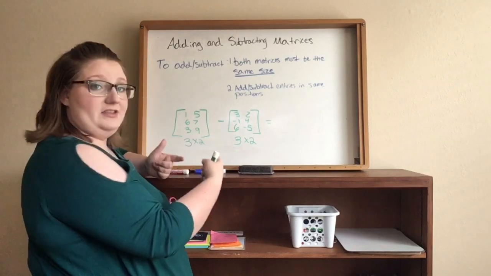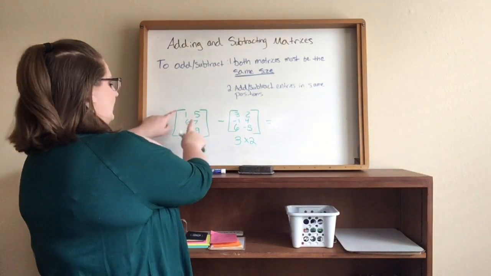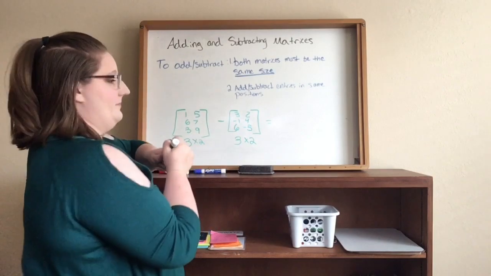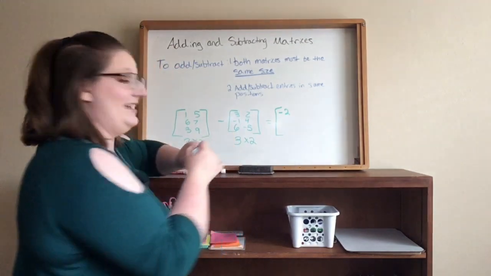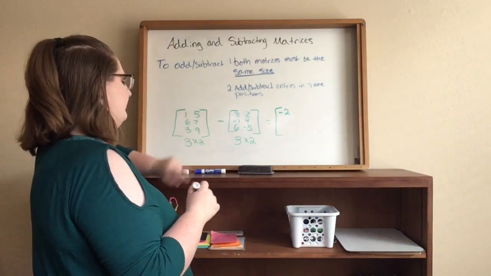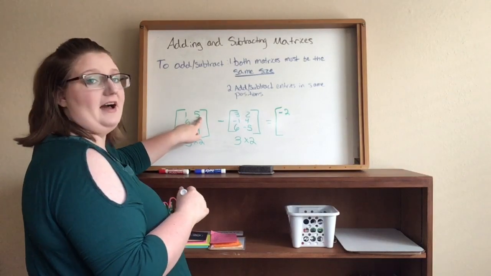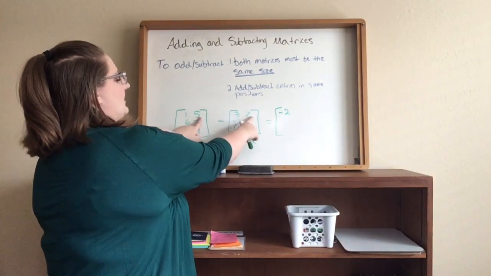But instead of adding those together like we just did on the last problem, we're going to subtract. So 1 minus 3 gives us negative 2. And when we write that in our answer, we put it in the same position that the other entries were in. So next, I move over to the 5, and the entry in the other matrix that's in the same position is the 2.